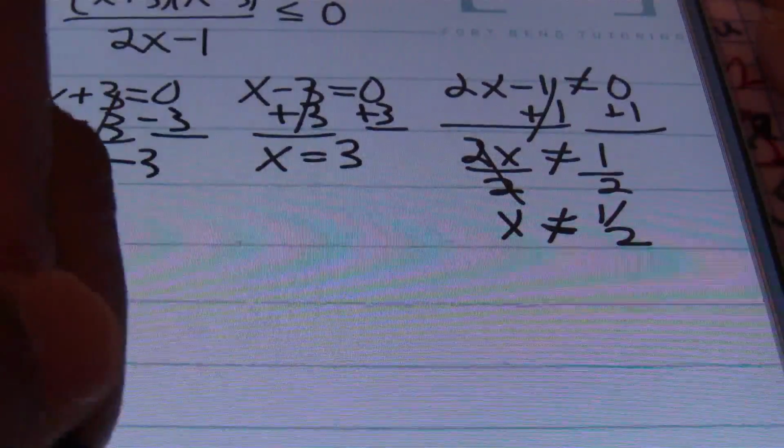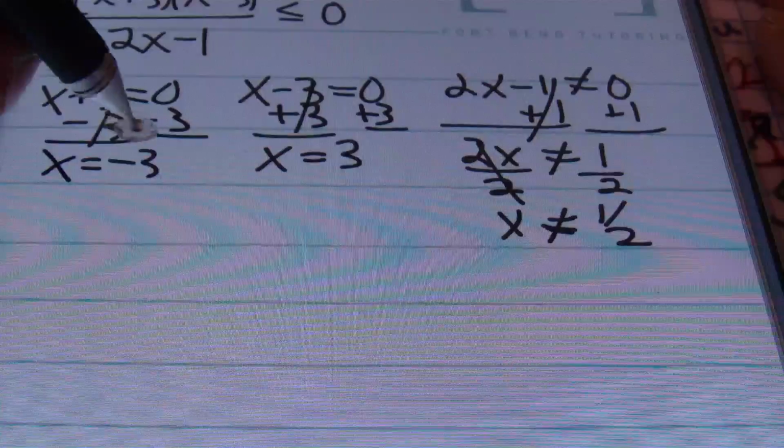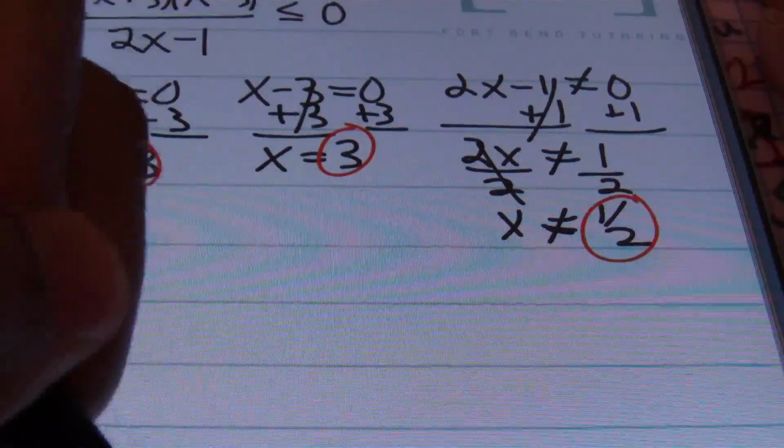I'll be adding 3 to both sides of the second equation to get x equals positive 3. I'll be adding 1 to both sides of the equal sign. I'll end up with 2x cannot equal 1, and then I'll be dividing both sides by 2 to find out that x cannot equal 1/2. And so my critical values are going to be negative 3, 3, and 1/2, just like that.